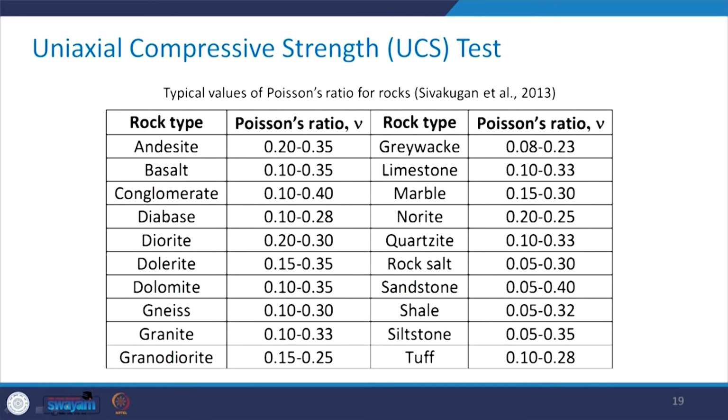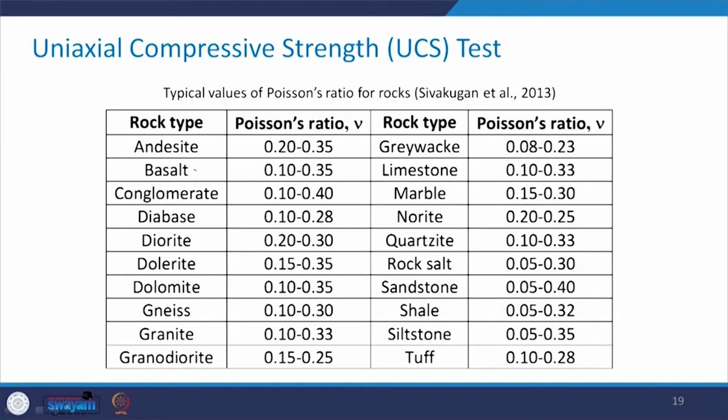Now, these are some typical values of the Poisson's ratio for different types of rocks. You should be able to connect this with our discussion on different types of rocks in some of the earlier lectures, so these rocks should not be totally new to you. For example, take basalt: it varies from 0.1 to 0.35.